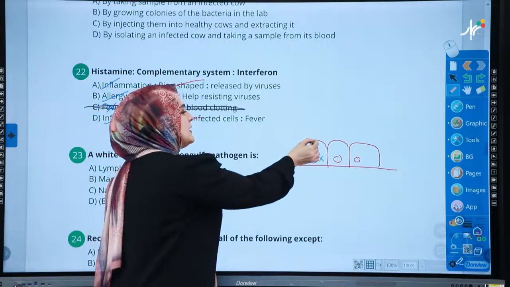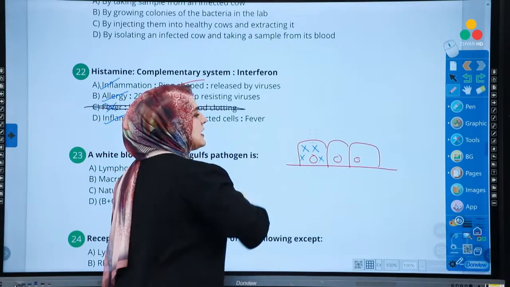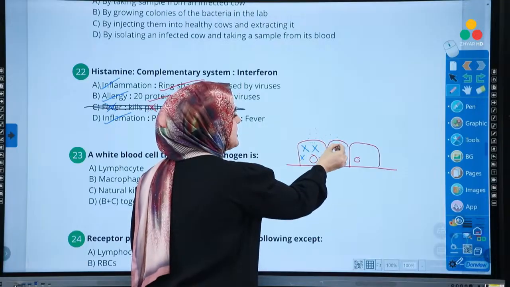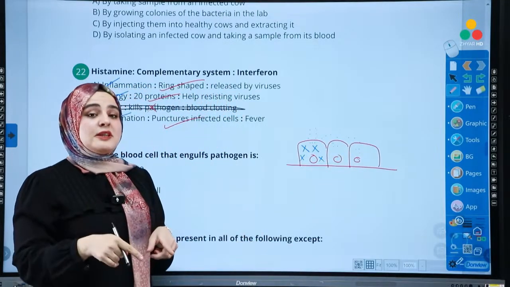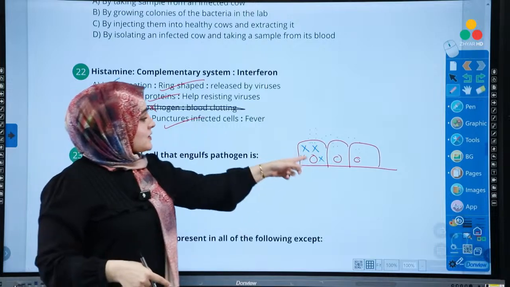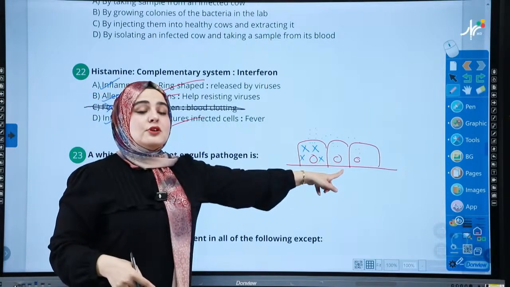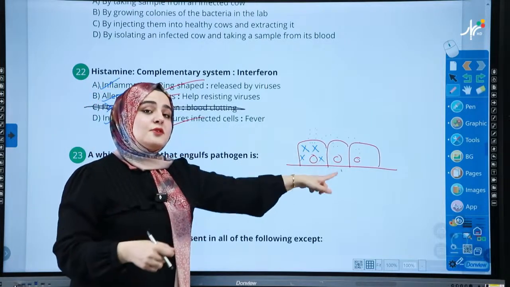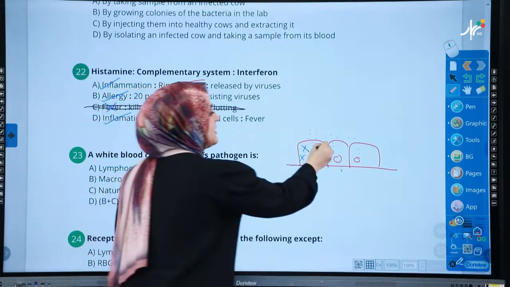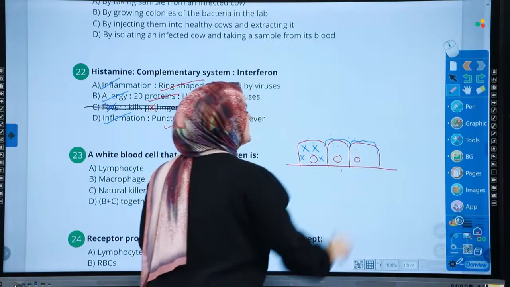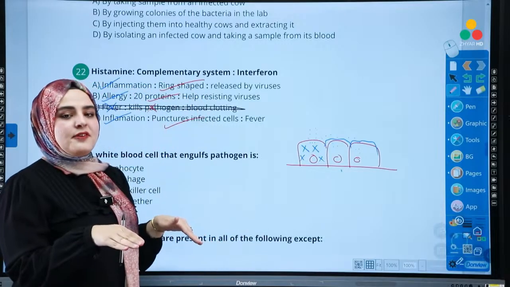What do they do? They create these interferons and release them. It reaches the neighbors and tells them, I am in danger, you're going to be in danger soon. So you need to build yourself to resist the entry of that virus. This way, they create a shield for themselves and the virus cannot affect them.